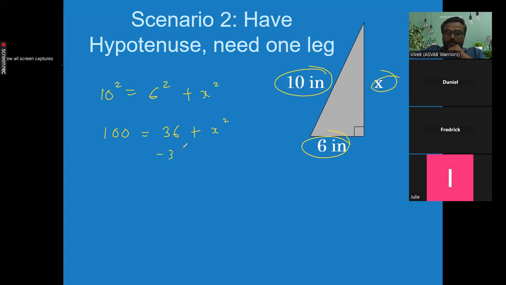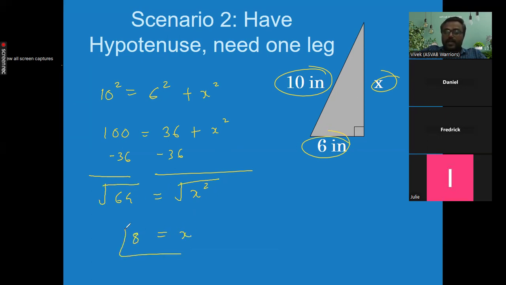I'll subtract 36 from both sides. What do I get? 64 equals to x square. Taking square root on both the sides, what do I have? X equals to 8. Therefore, the length of the missing leg is equal to 8 inches.